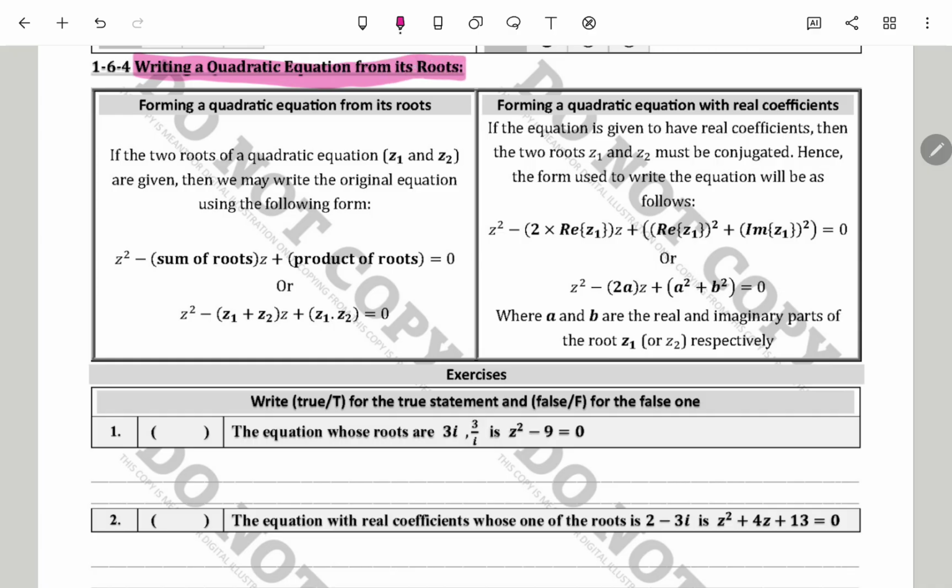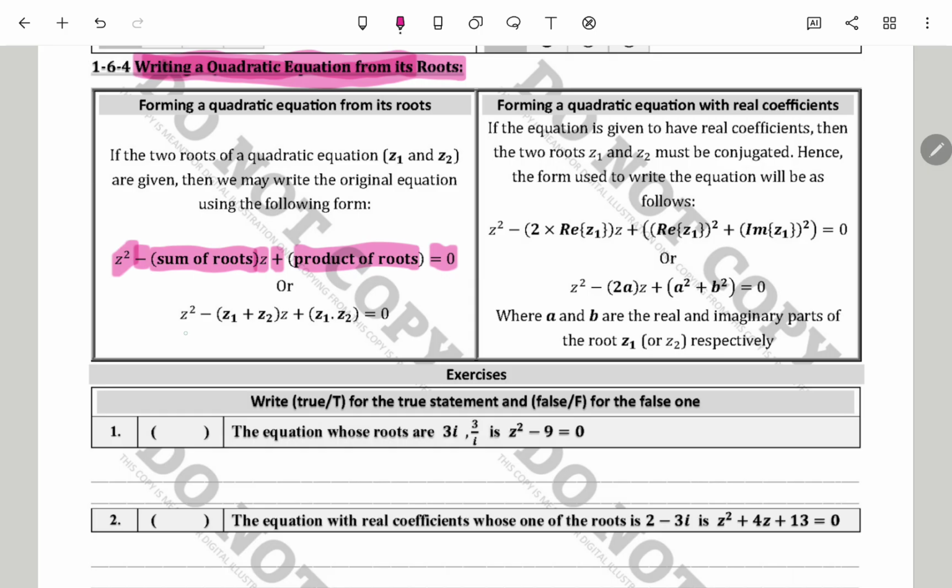That means the roots or the solutions are given and we need to construct or form a quadratic equation, including in complex numbers: z squared minus their sum multiplied by z plus their product, all equal to 0.